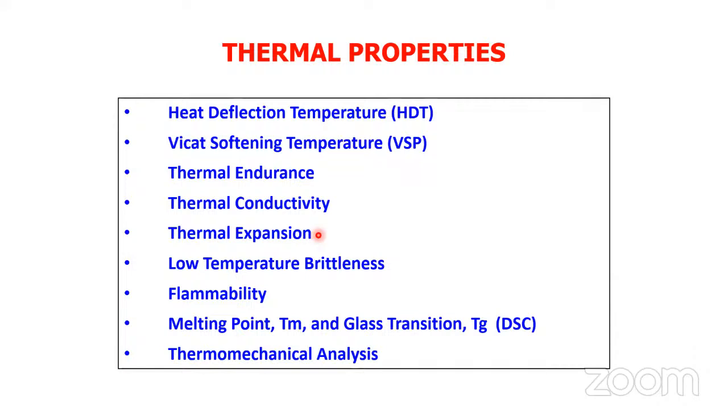These are the two basic tests which can be performed to determine, at least, the softening point of your polymeric material. Then if you see the advanced techniques, there is thermal conductivity, thermal expansion, low temperature brittleness, flammability, melting point, glass transition temperature, then crystallinity, or crystallization temperature of your material, then thermomechanical analysis.